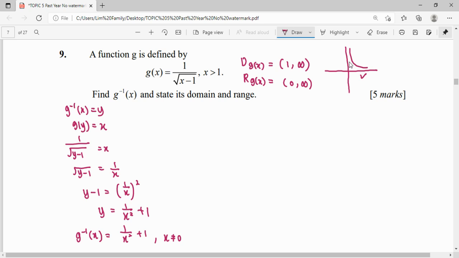Therefore, when you want to state the domain of the g inverse, we will refer to the range of the function, which is 0 to infinity. When you want to find the range of the g inverse, we will refer to the domain. The domain here will be 1 to infinity.